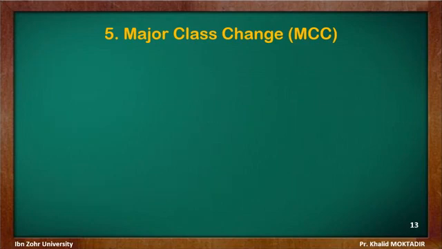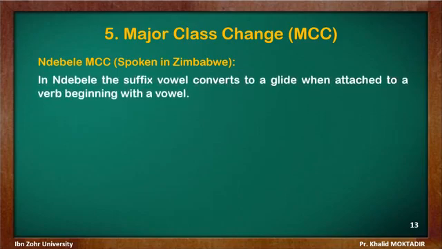Now look at this example from Ndebele, spoken in Zimbabwe, where we have a vowel changing into a glide to avoid a situation of hiatus.